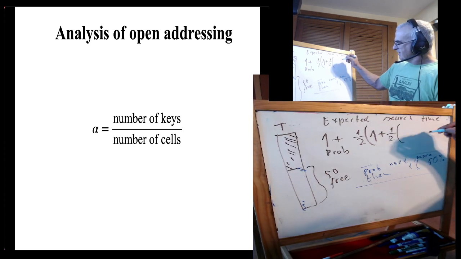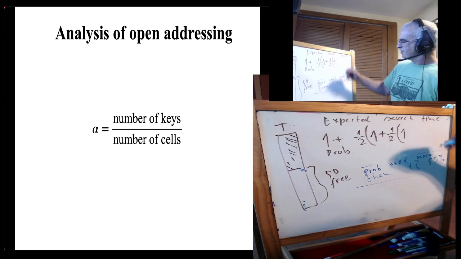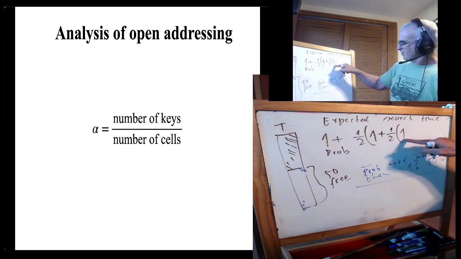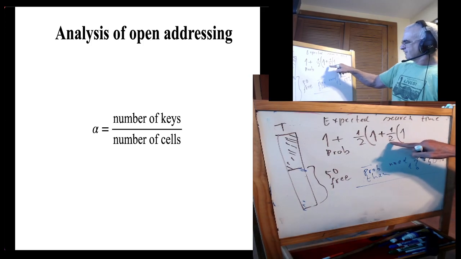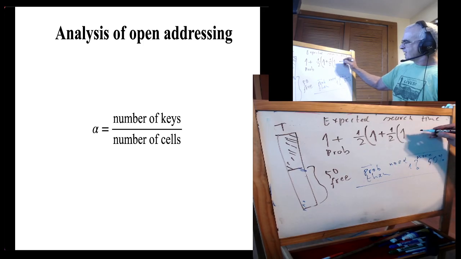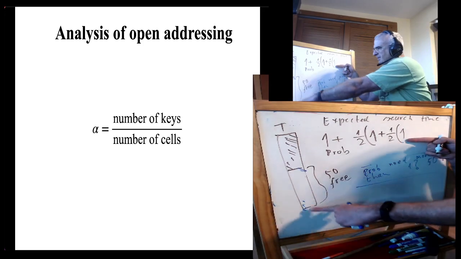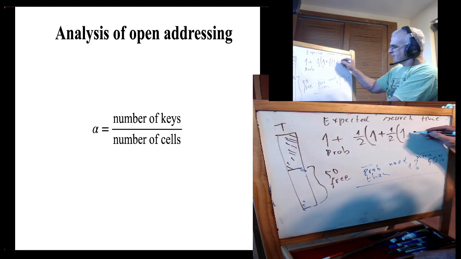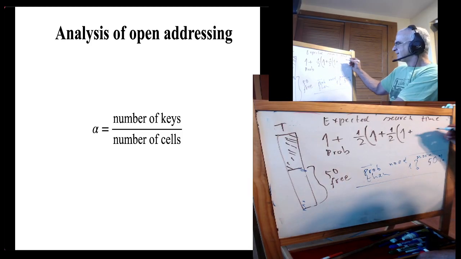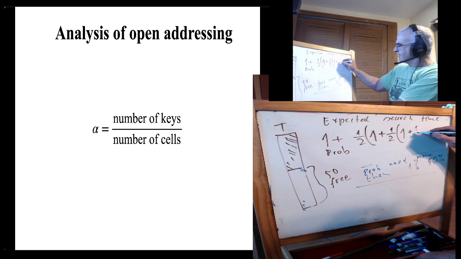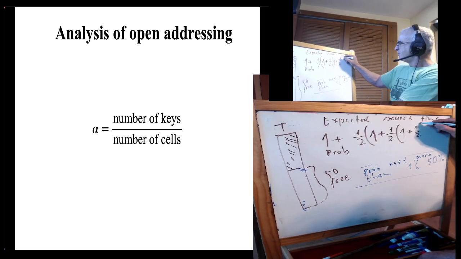So in this case I need one extra probe. So with probability of half, I'll need one extra probe, and possibly I'm done, or there is 50% chance yet that I'll need one extra probe.